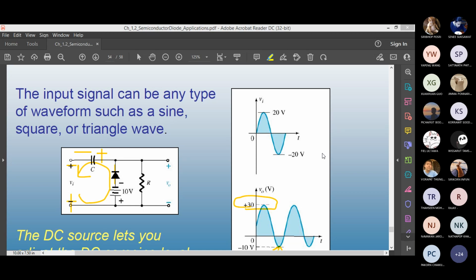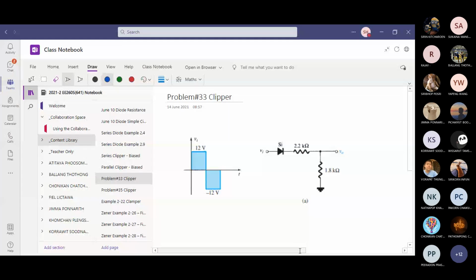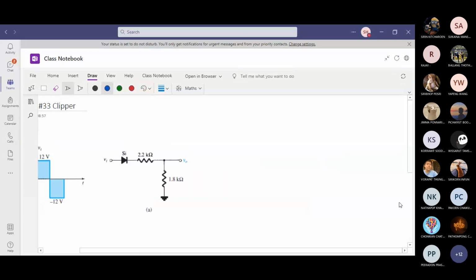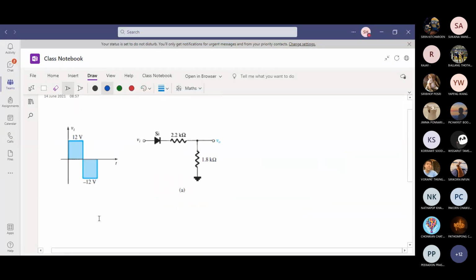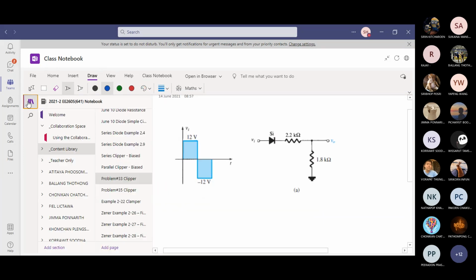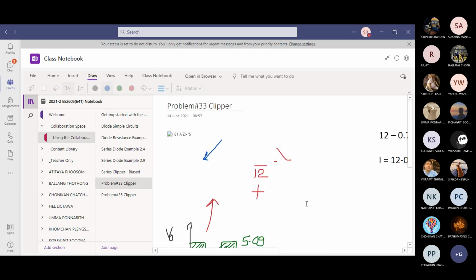Okay, I'm going to go to the screen. Here is problem 33 on the screen, as you can see. Can you see the screen? Yes. Okay, I'm going to show you the one we did in class.